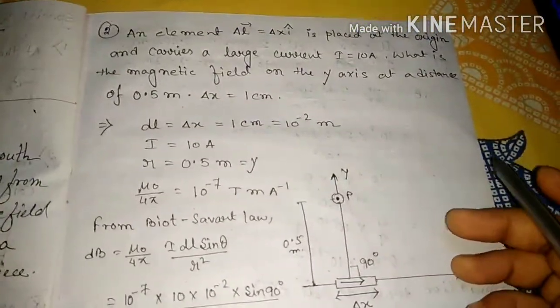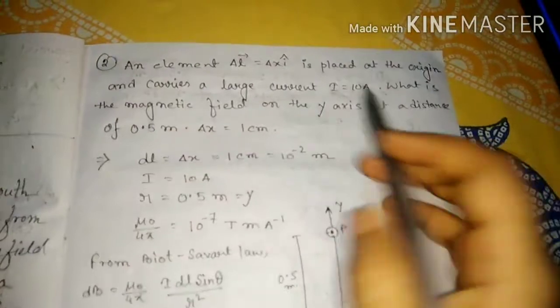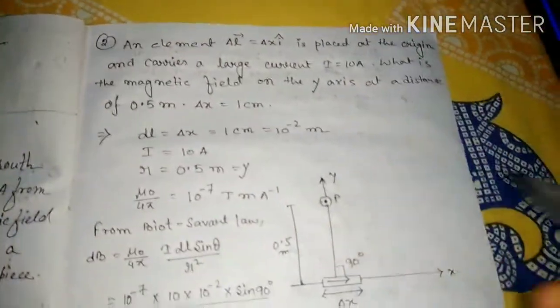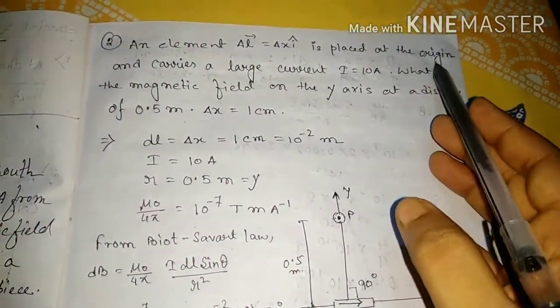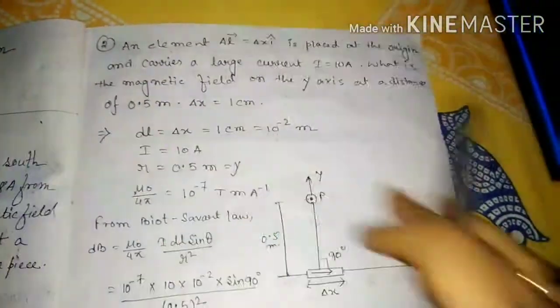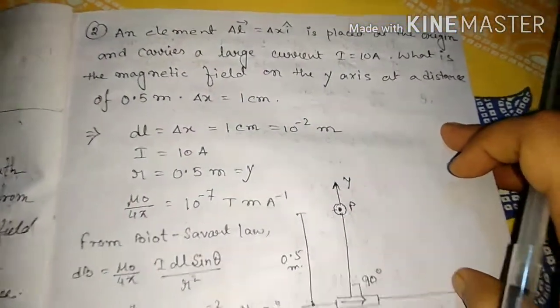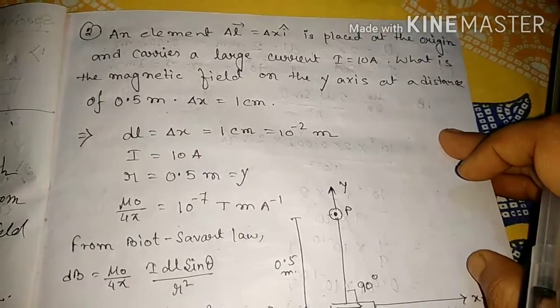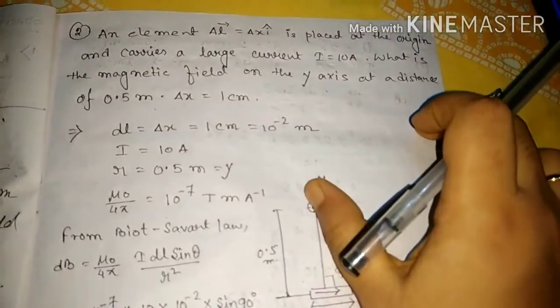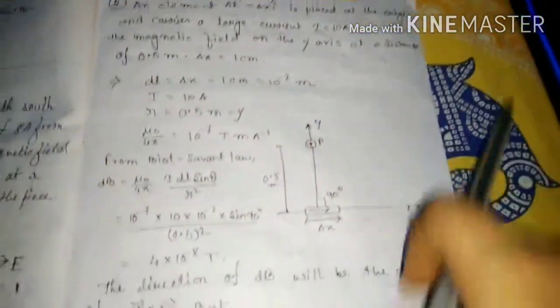Next, this is very important. This type of numerical will come many times. A current element delta L equals delta x i hat is placed at the origin and carries a large current I equals 10 ampere. What is the magnetic field on the y-axis at a distance of 0.5 meter? Delta x equals 1 centimeter.